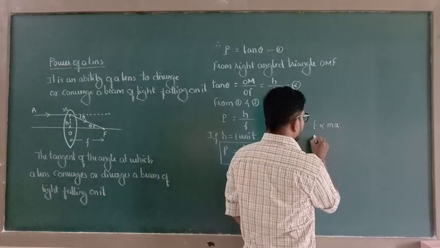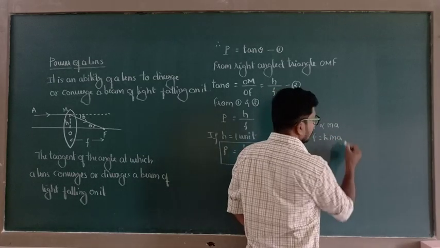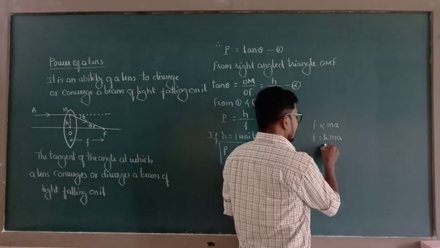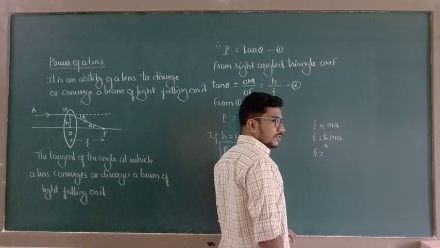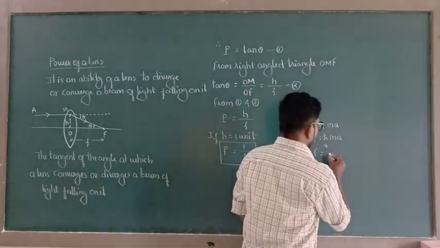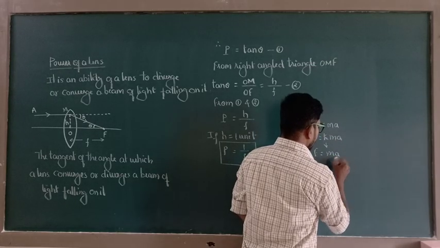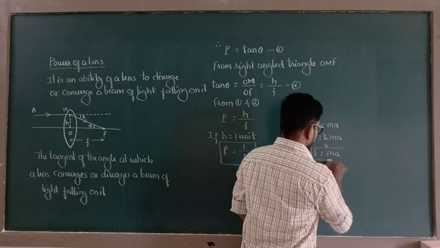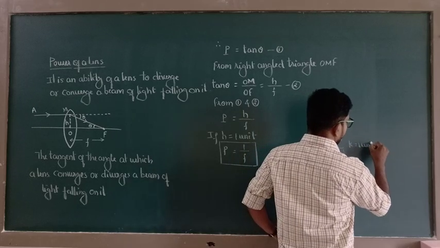Therefore, here we write F is equal to constant into m into A. Here this constant is nothing but 1 unit, because for the first time we are using this term. Therefore, when k is equal to 1 unit, F is equal to m into A according to Newton's second law of motion.